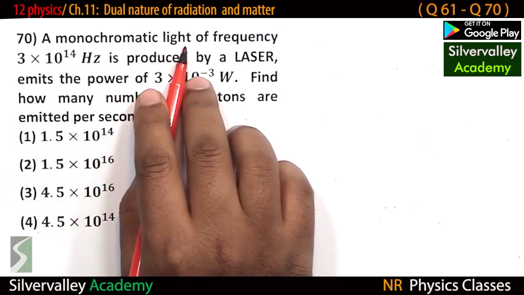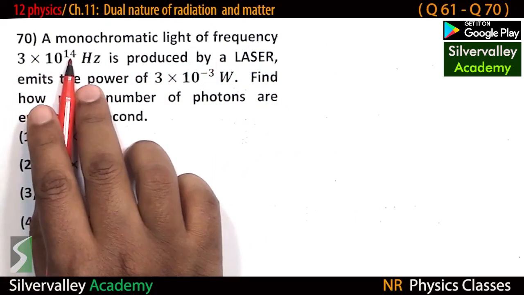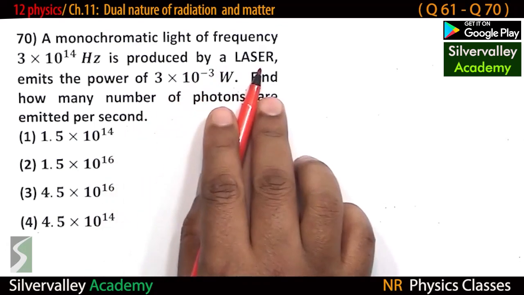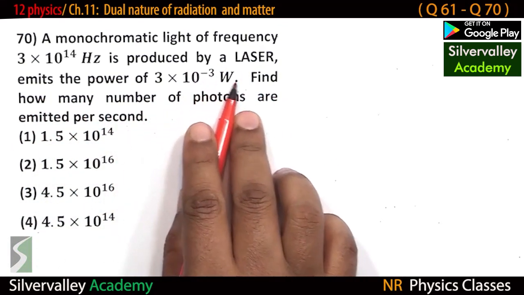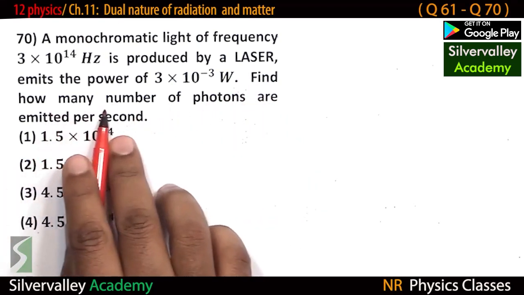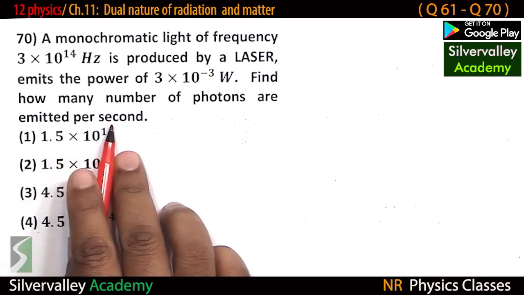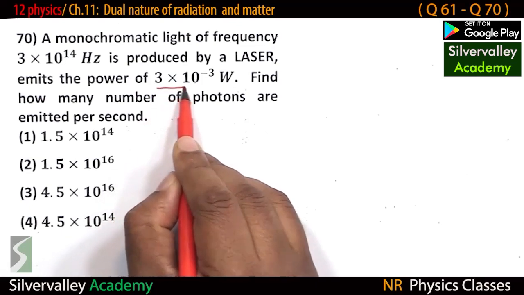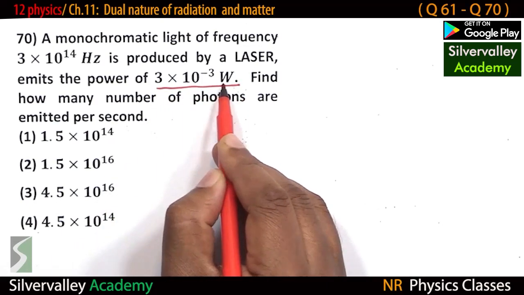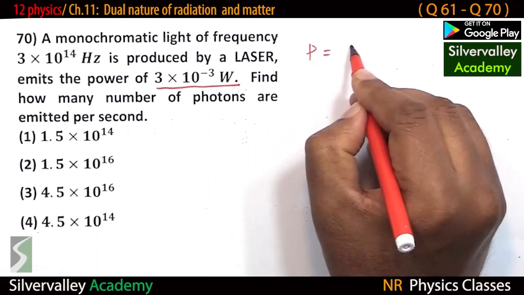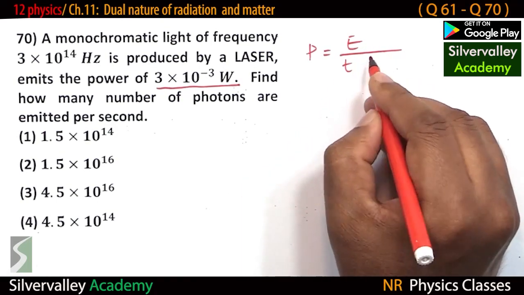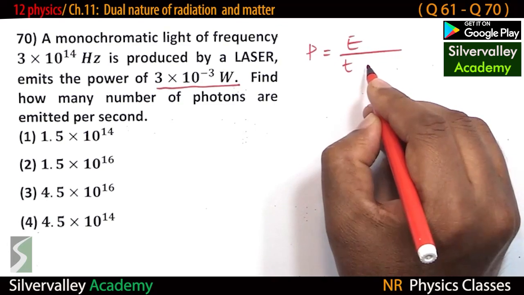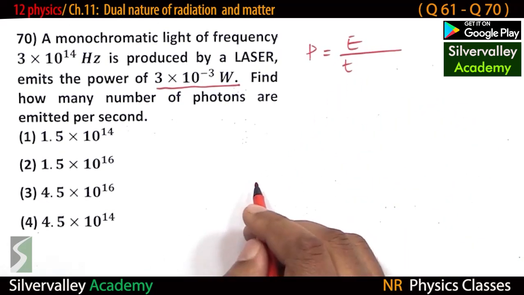A monochromatic light of frequency 3 × 10^14 Hertz is produced by a laser. It emits power 3 × 10^-3 watt. Find how many photons are emitted per second. Power is given. So power equal to total energy by time.